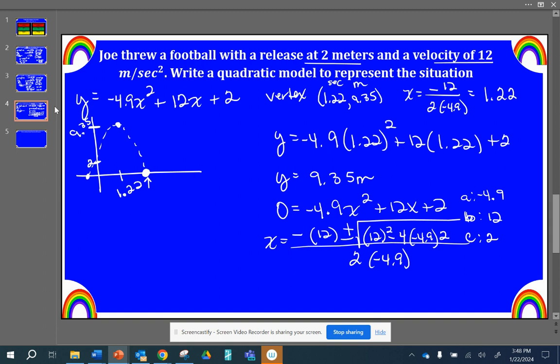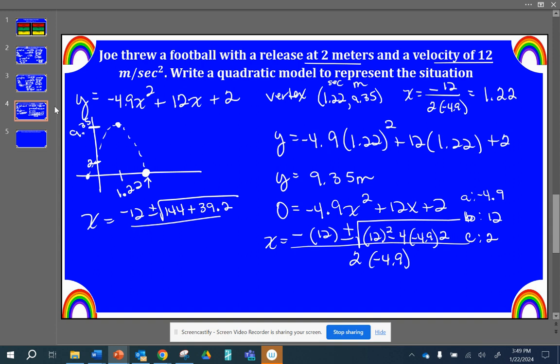So I like to clean this up a little bit. So I have a negative 12 plus or minus. I square the 12, I get 144. Now I determine if this is plus or minus. So we have a negative times a negative, so that's positive. And now I just worry about multiplying 4 times 4.9 times 2. That gives us 39.2.